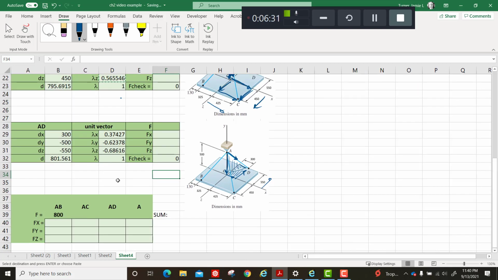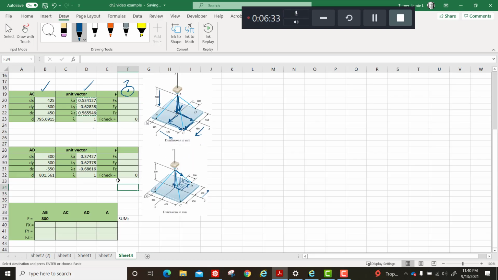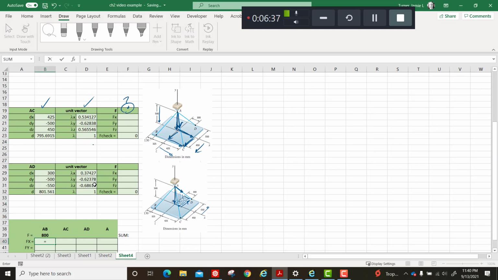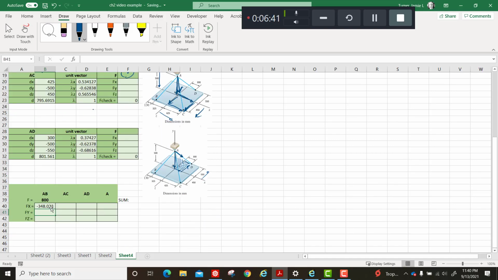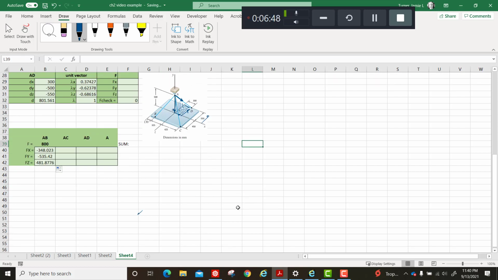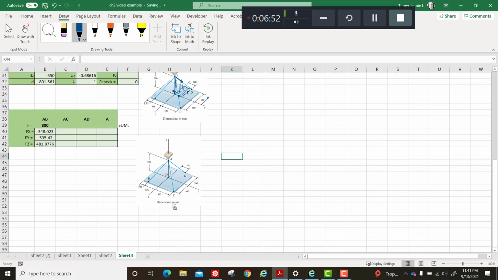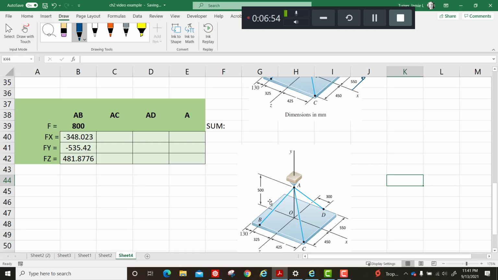Okay, next comes the kind of tricky part. So we want everything in the X direction to add to 0, everything in the Y direction to add to 0, and the Z direction to add to 0. So I'm going to just pull in here what we have. If I look at this thing and we just think through what forces are going on, let me just zoom in here.